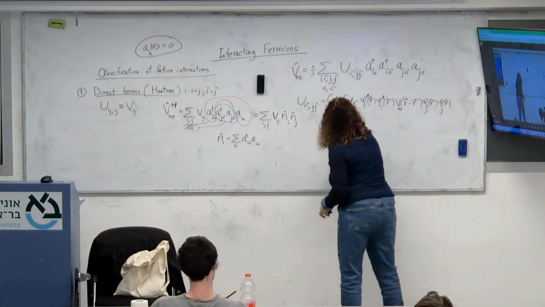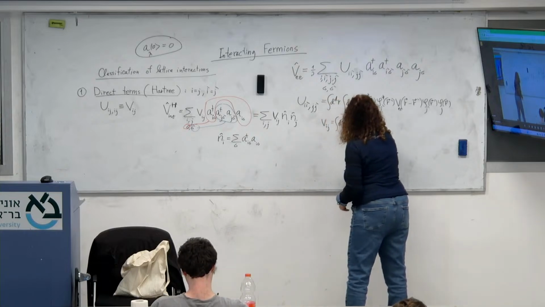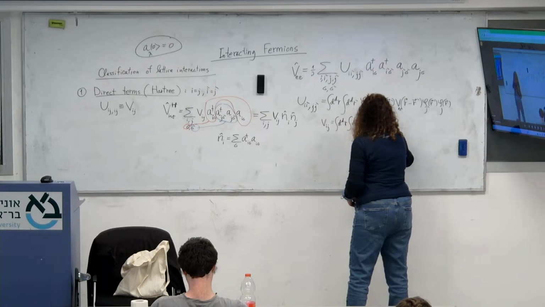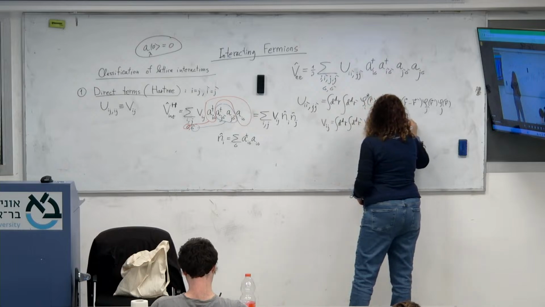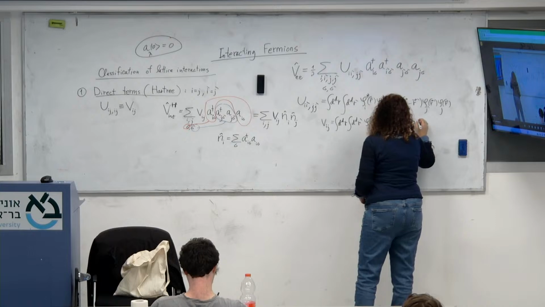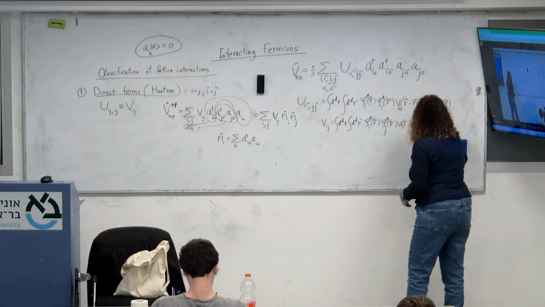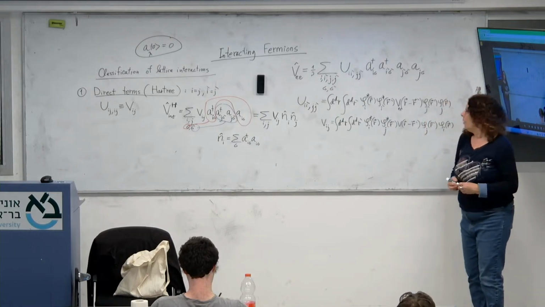If we write it explicitly, integral dr prime, and now I have phi star j of r prime, v of r minus r prime, phi of the same j at r prime and the same i at r. Okay? That's what it is.